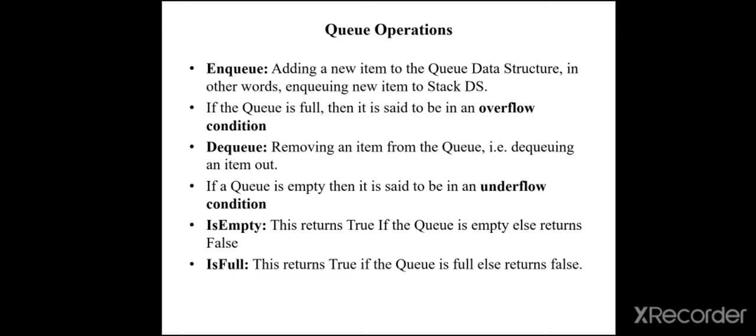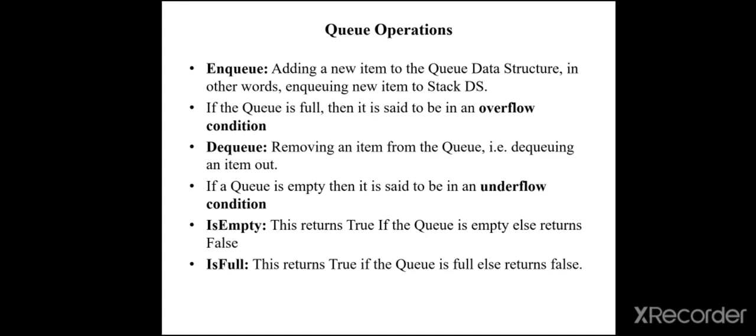The operations performed on the queue are NQ, DQ, is empty and is full. NQ is nothing but adding a new item to the queue data structure.